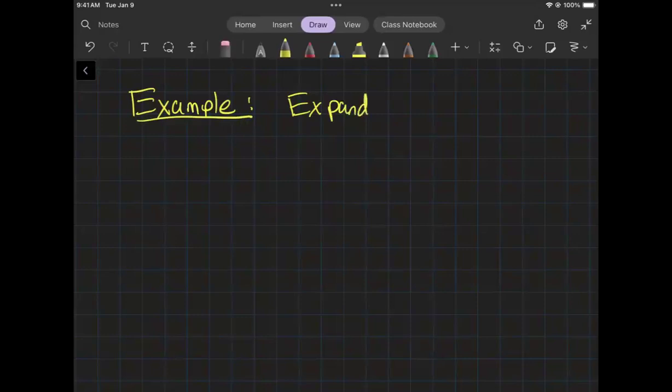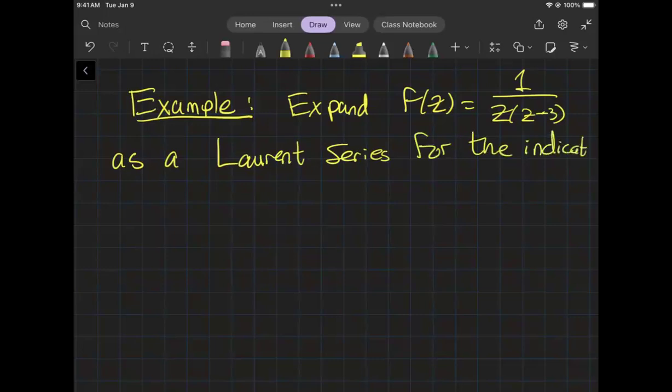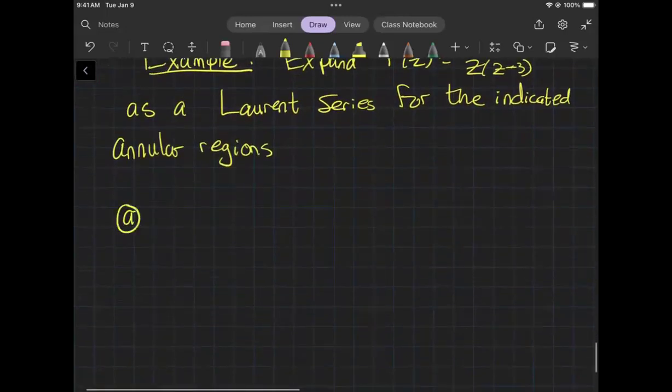So expand this function, 1 over z times (z minus 3), as a Laurent series for the indicated annular regions. We have one of them here like this.